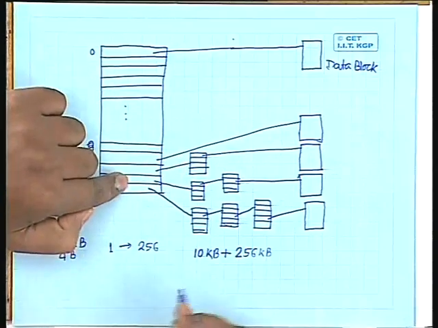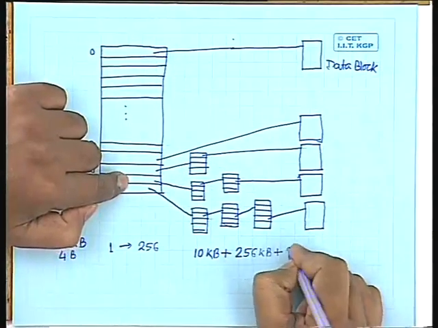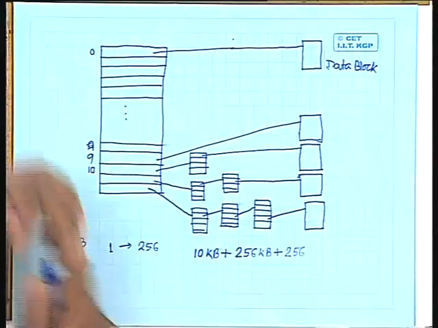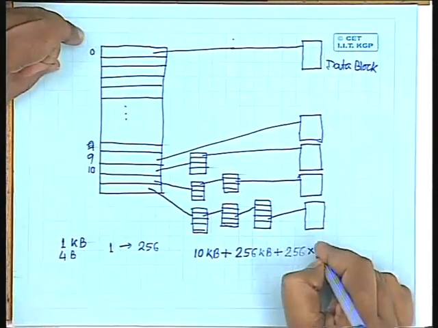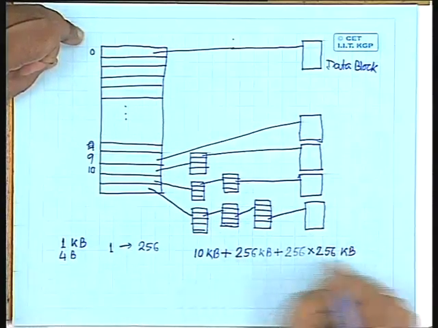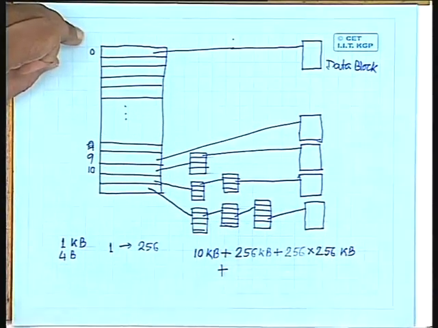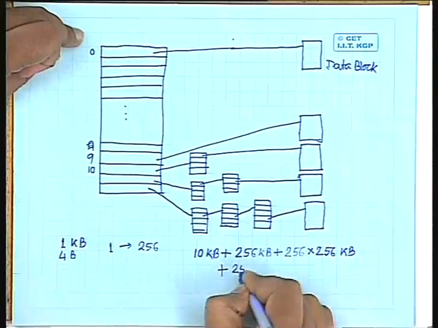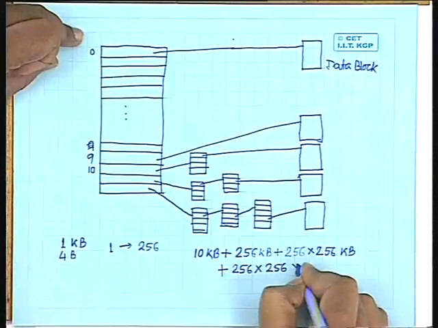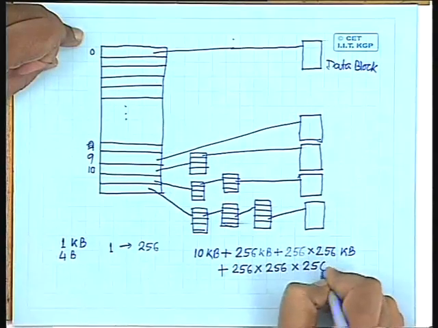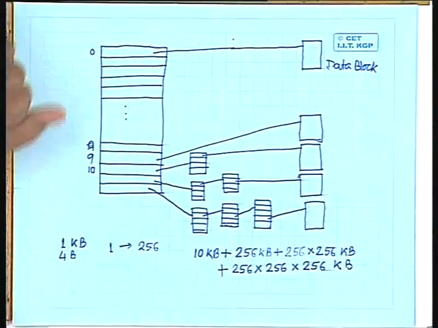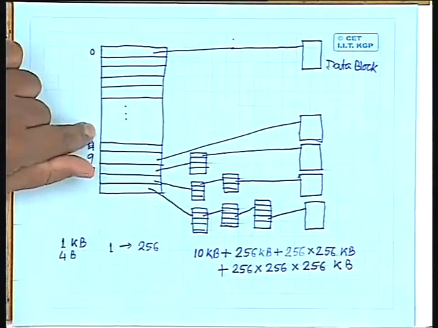Then the double indirect gives 256 into 256 kilobytes of file data, plus using triple indirect, it will be 256 into 256 into 256 kilobytes of file data. So this is the total size of a file that I can access using this structure of inode.